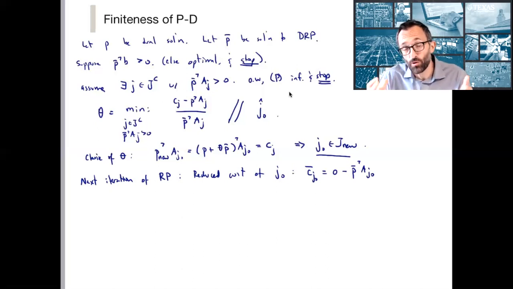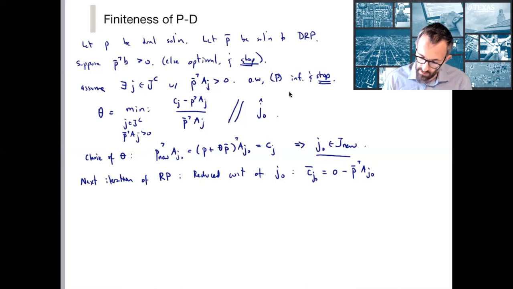Because we're now restarting, starting to solve RP using our previous solution, and our previous solution had p bar, c_B B inverse. It had p bar, and because p transpose aj is strictly positive, negative p transpose aj is strictly negative.